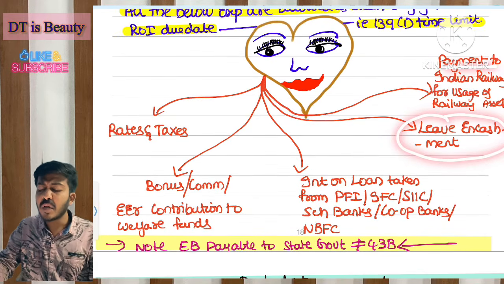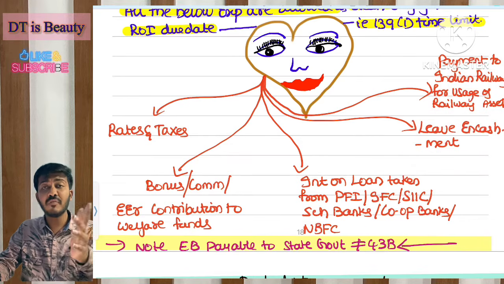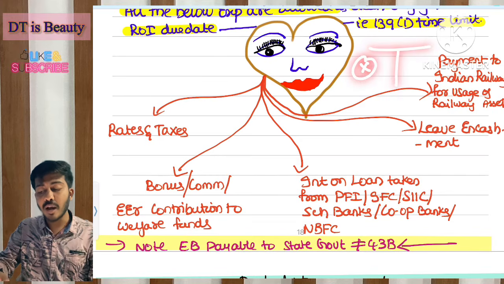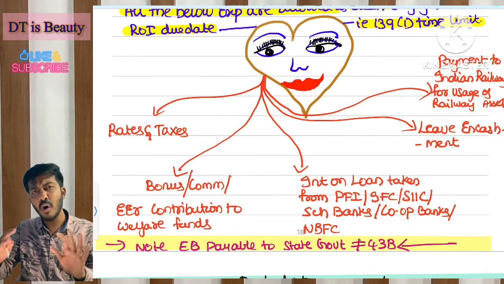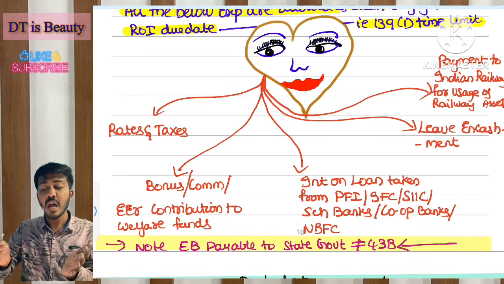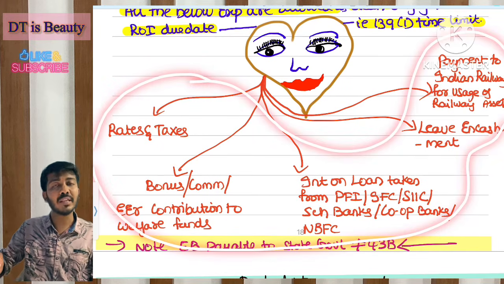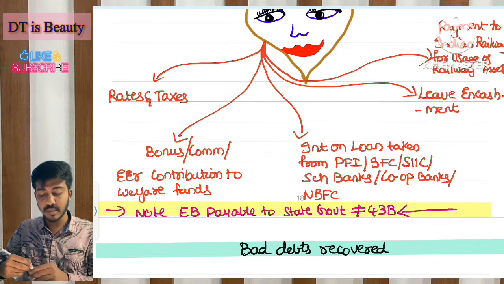Next one is a strange point: payment to Indian Railways for usage of railway assets. You should make a payment to railways within the 139 one-time limit, or else it is not allowed as deduction in the P&L on accrual basis. Simple, all the expenses will be allowed on accrual basis. However, these expenses will be allowed only if they are paid within the 139 one-time limit, the payment basis.